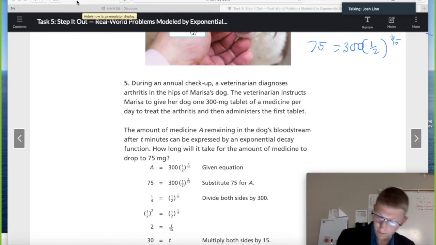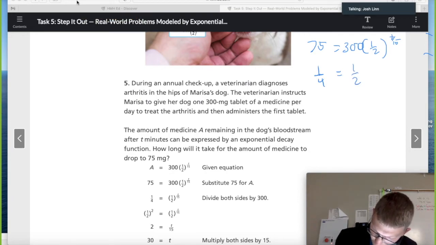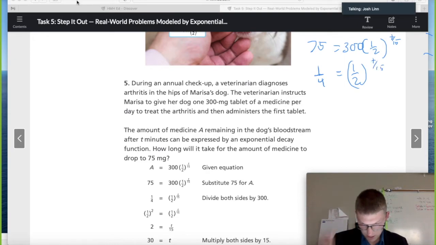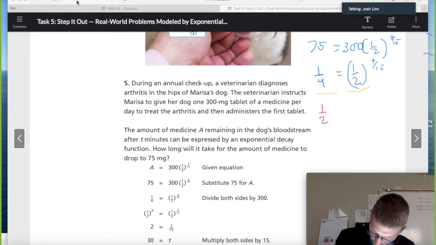So 1/4 is equal to 1/2 to the t over 15. At this point, I'm hoping that you recognize that 1/2 and 1/4 are similar. So we can express 1/4 as 1/2 squared, right? Now we have 1/2 to the power of 2 equals 1/2 to the t over 15.